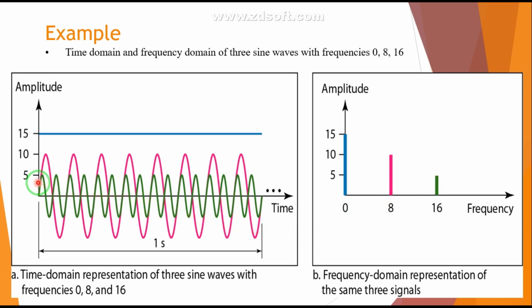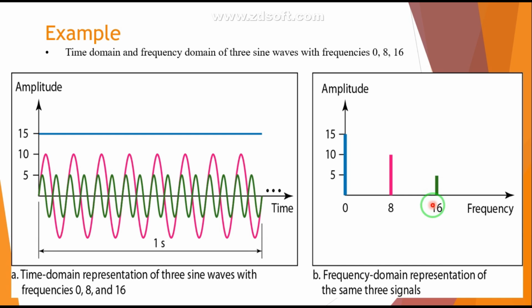And similarly, the green waveform has an amplitude of 5 volt, but it has 16 cycles in 1 second. So what is the frequency? 16 hertz. If you represent it in a frequency domain plot, you can see this is your 5 volt green color, but at frequency 16.